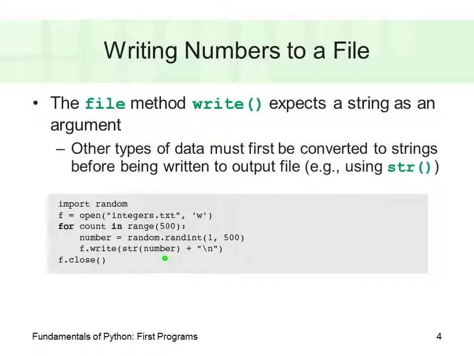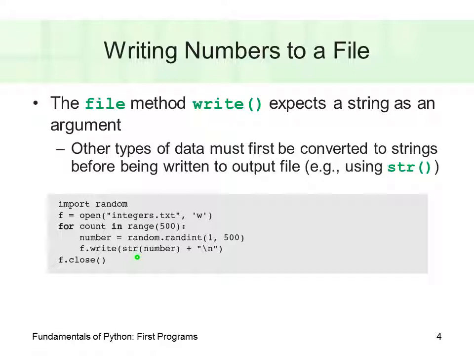This is pretty common. In this case, since we have 500 numbers and we don't have any other data, you might as well just give them all a single line in the file. We'll see later that maybe we'll have a lot of data on a single line in a file and perhaps divide it by tabs.